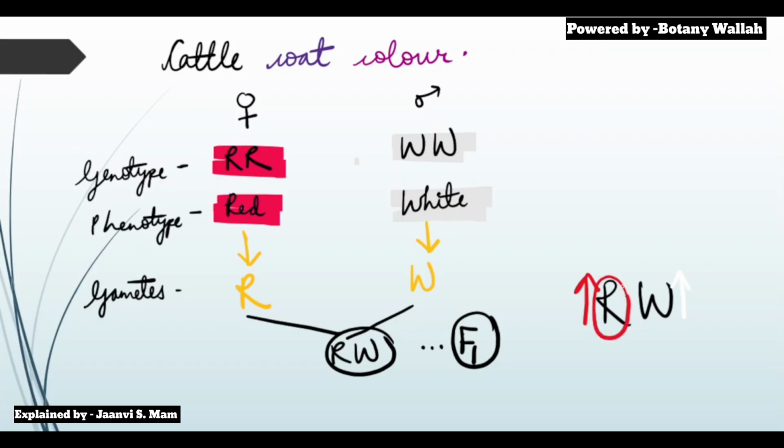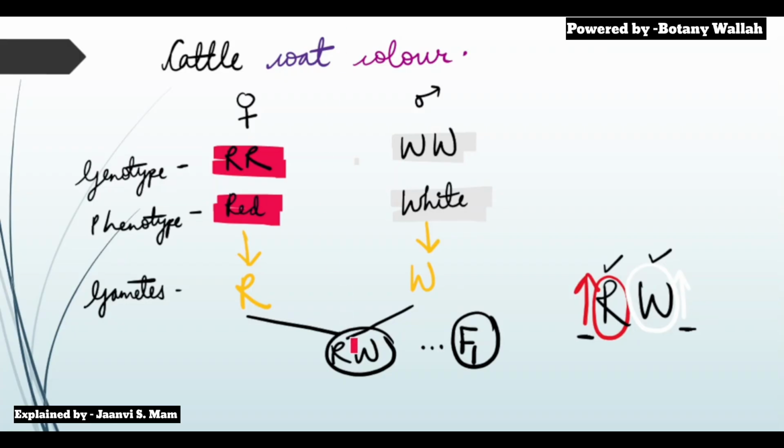R is saying, okay, I will give the expression of red, and W is saying, okay, I also want to give my expression. So they both are expressing together. So there are two effects, one effect of capital R and another effect of capital W.